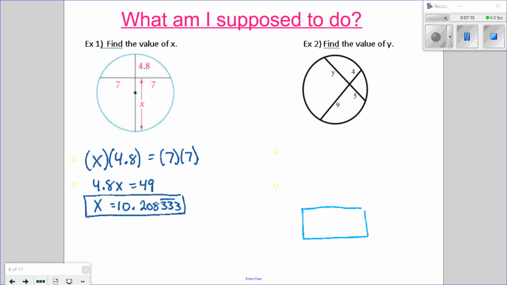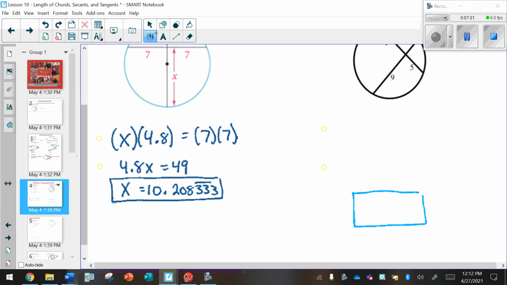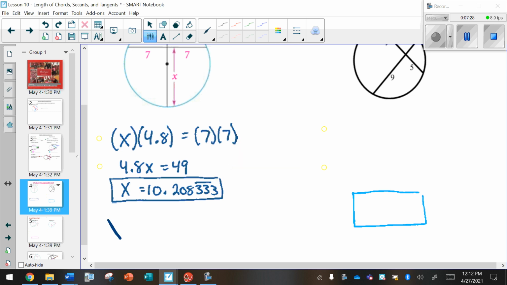And what we're supposed to do, if they do not tell us how to round our answer, you can just write everything down, but the expectation is to keep only 4 decimal places. So I would look at the 5th decimal place to determine whether the 4th one should round up or not. So this would be 10.2083.